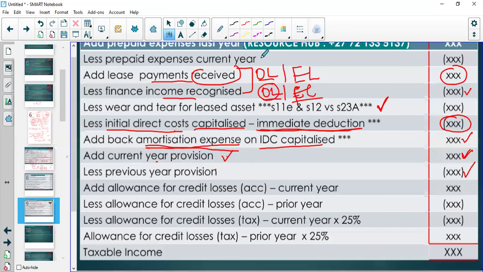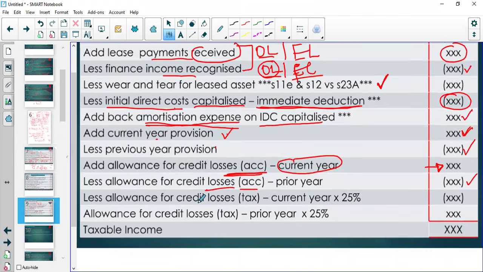We can have provision for refunds, provision for warranties, provision for employees, whatever, any provision. Then the allowance for credit losses: the accounting amount for the current year should be added back, because it was deducted. The one for last year, the accounting figure, should be deducted.